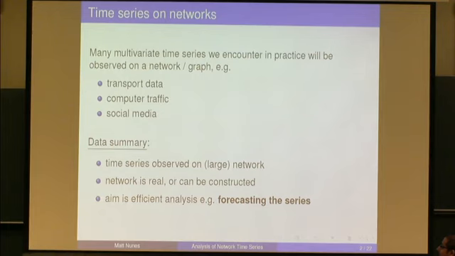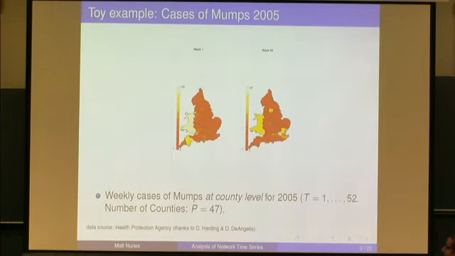So what type of examples am I going to use for this talk? So the first toy example is about cases of mumps, which is a disease that you normally have as a child, across counties.